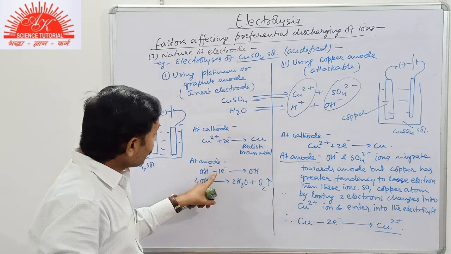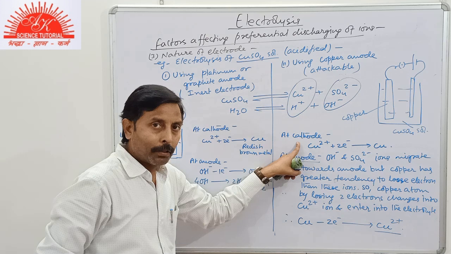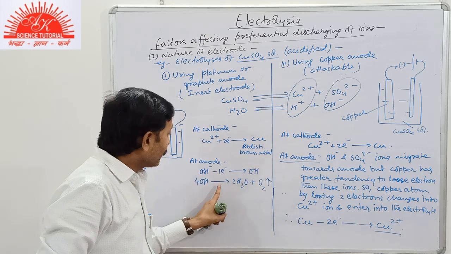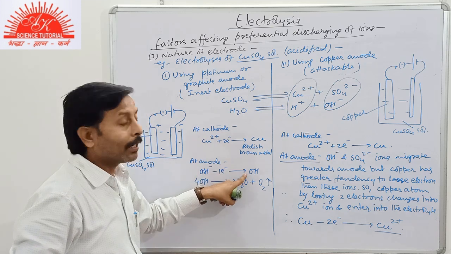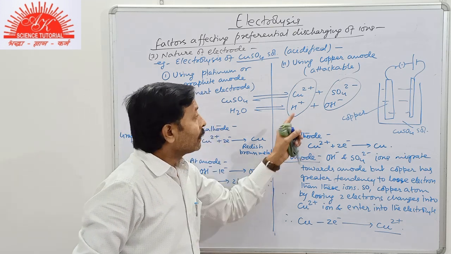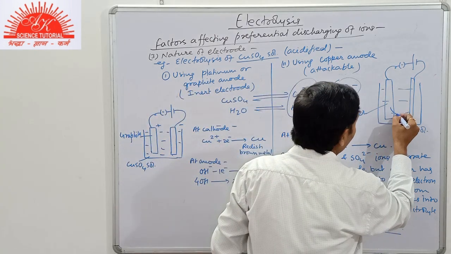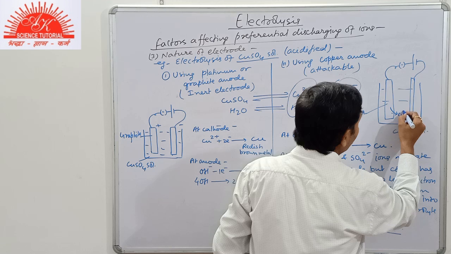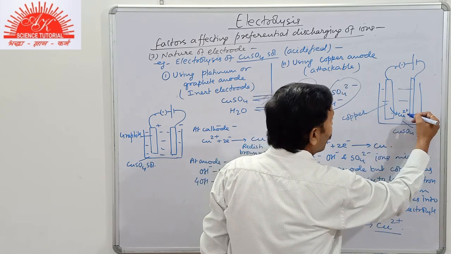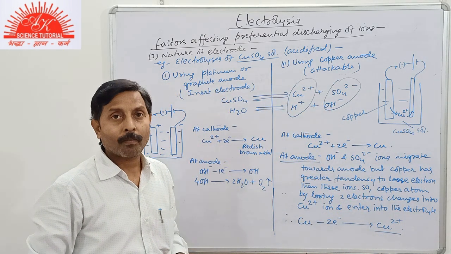So different from this part, you see cathode reaction is similar, but there is difference in anode reaction. In this case, hydroxide ion was discharged, releasing oxygen gas. Here from the anode, Cu2+ ion enters into the electrolyte, from where it will be discharged again at cathode.